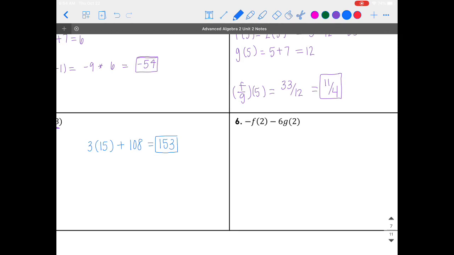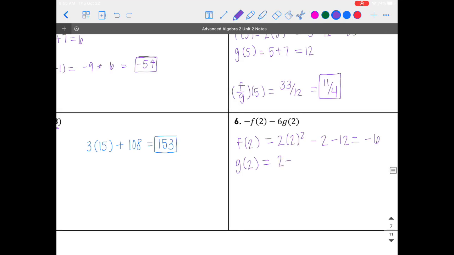And number 6, f of 2 and g of 2. Oh man, I've not already done those. So we've got to figure out f of 2, ignore that negative outside. That's just like having some other number. f of 2: 2 times 2 squared minus 2 minus 12 is negative 6.